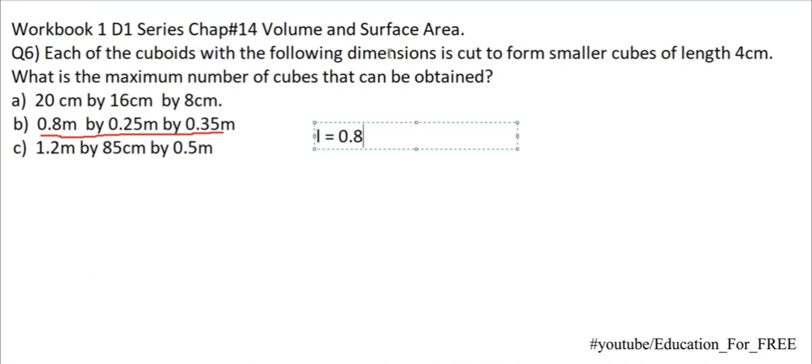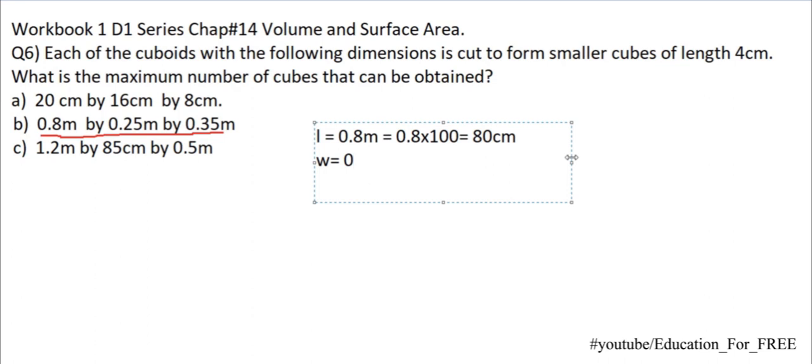If length is 0.8 meter, in order to convert, I'll multiply 100 with it, because 1 meter is equal to 100 centimeters, so it will become 80 centimeters. Similarly, the width, if it is 0.25 meter, for conversion we will multiply 100 with it, so it will become 25 centimeters.